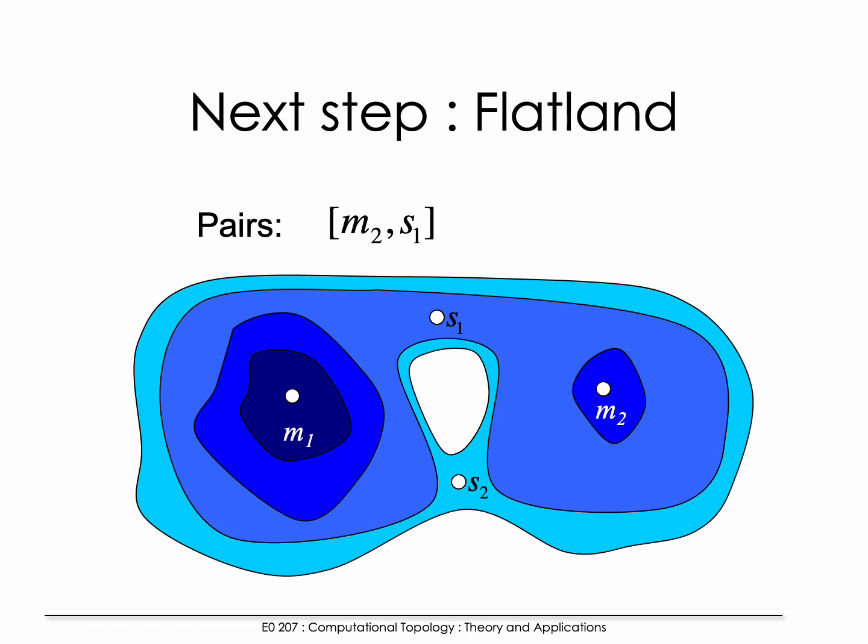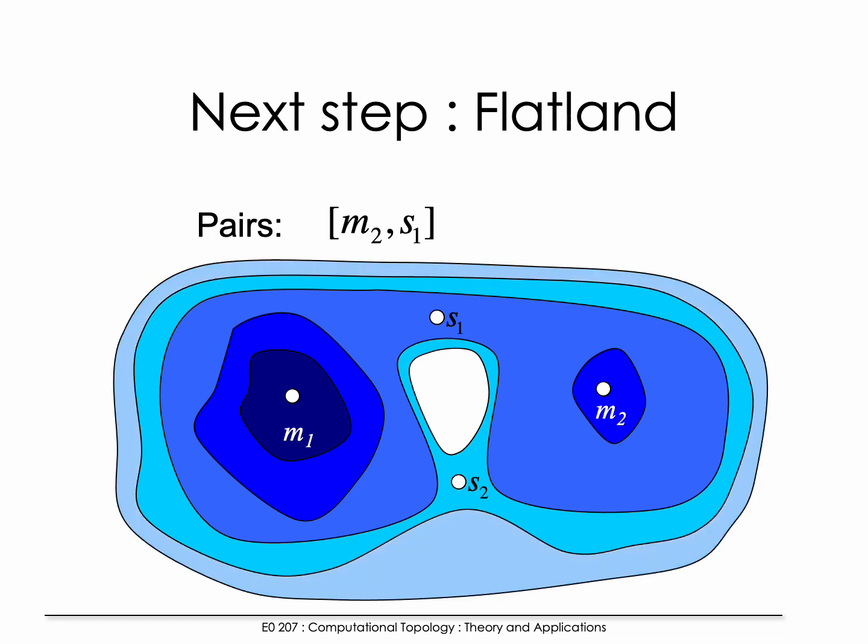It creates a cycle that you can see at the center here. So s2 is a creator. Now as we sweep up, we have two alive cycles, a 0 cycle, the component that is born at m1, and a 1 cycle that is born at s2.